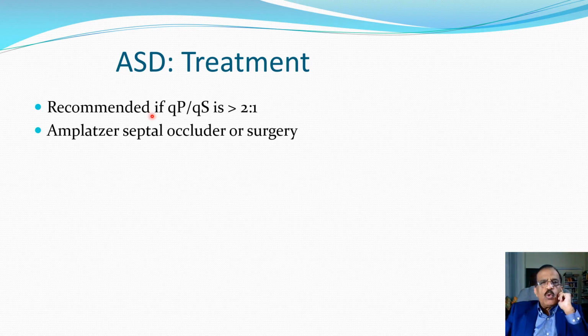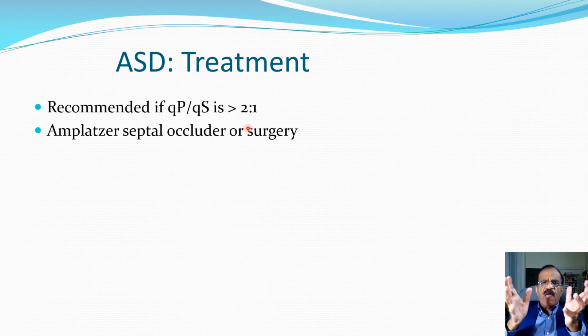If it is 2 times more than the systemic circulation, even if the child is asymptomatic, it is best to operate. Of course, the ultimate decision will be made by a competent cardiologist and a cardiac surgeon, and also by the family, but this is the criterion. You should not delay it for too long, because in that case pulmonary hypertension will develop and then operation or treatment will not be possible.